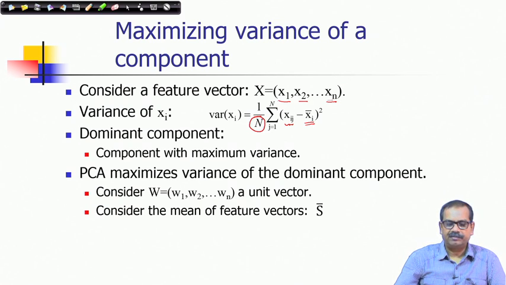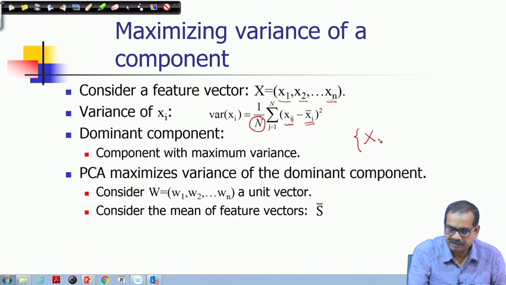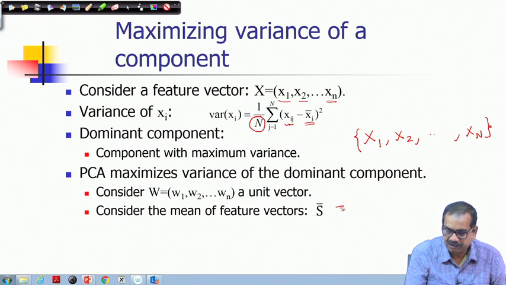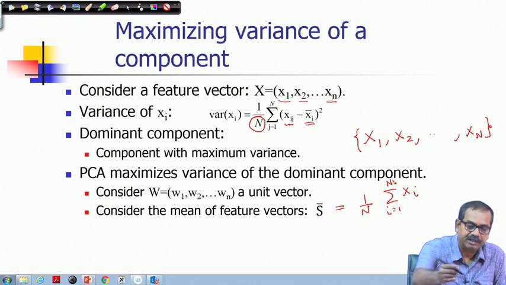Suppose you have n feature vectors, x1, x2, like this, up to xn, and S bar is 1 by n times the sum of xi, i equal to 1 to n. This is how the mean could be computed.